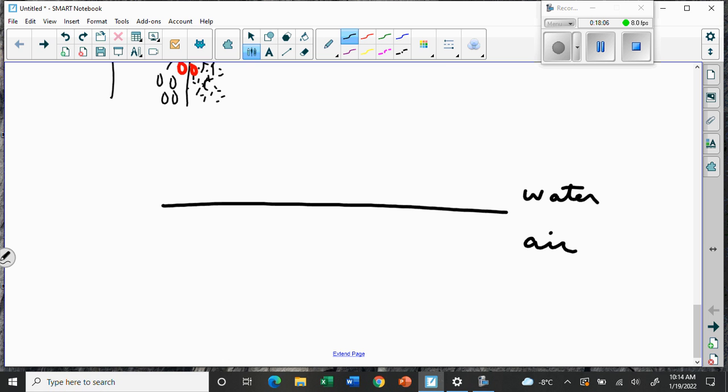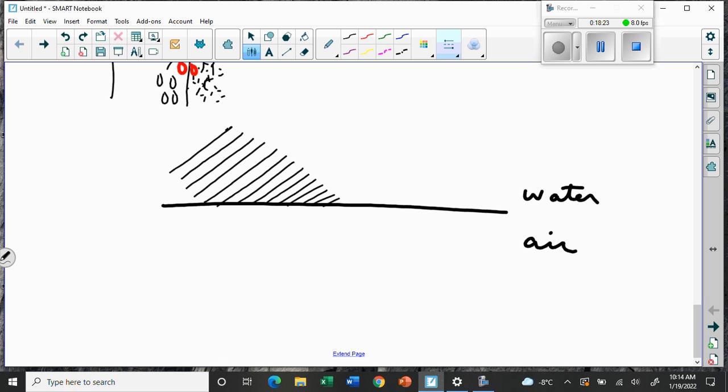Well, let's draw the light waves. If we do the same thing, what would happen if my waves are coming in like this? Now, here's what's interesting. What happens to the little dippy parts in the air? Well, the light is slower in the water and it's faster in the air. So that means the dippy parts aren't going to lag behind. They're going to actually start to go faster.